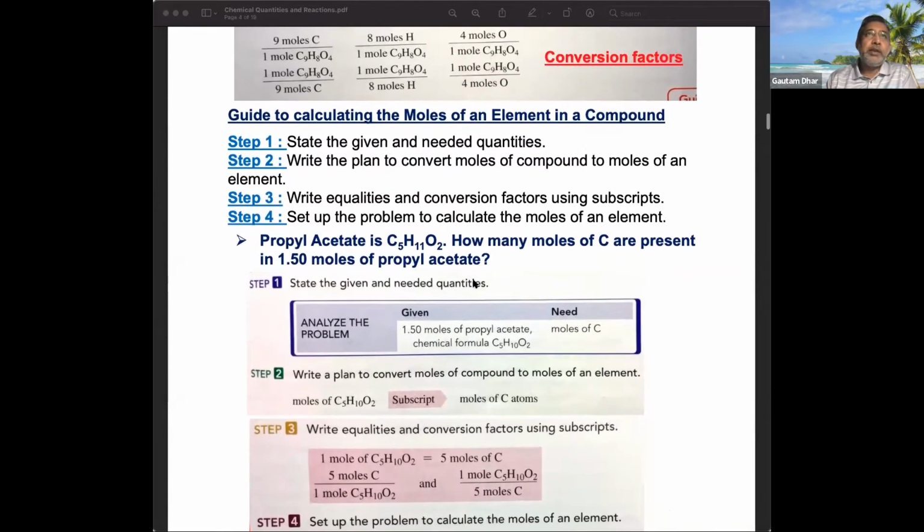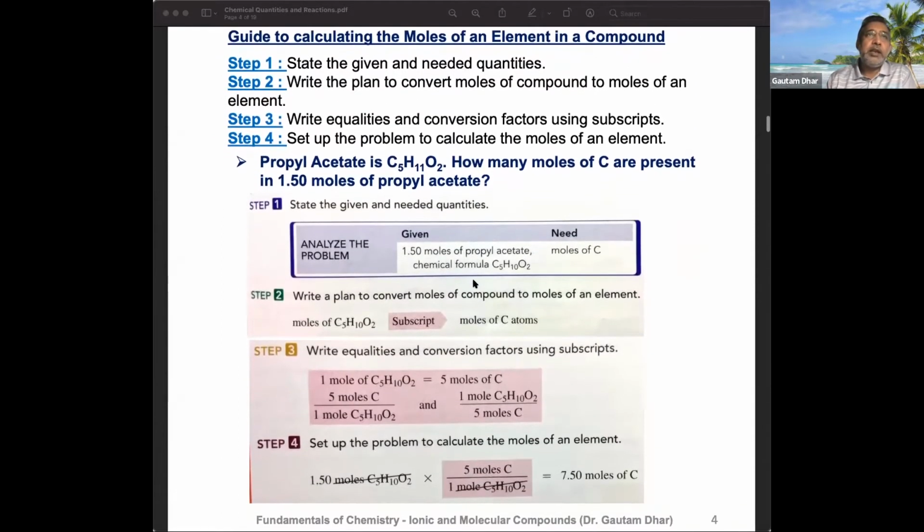Here you have a simple question. Propyl acetate, that's a compound, is C5H11O2. How many moles of carbon are present in 1.5 moles of propyl acetate? You are given 1.5 moles of propyl acetate, and you want to figure out how many carbon atoms are there.